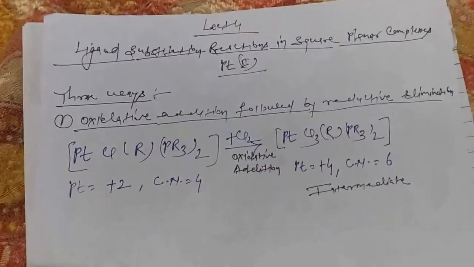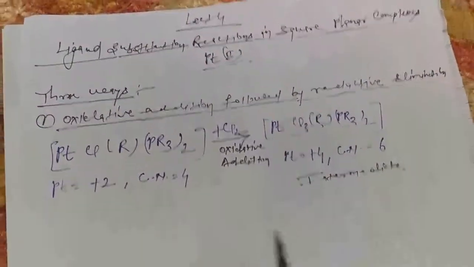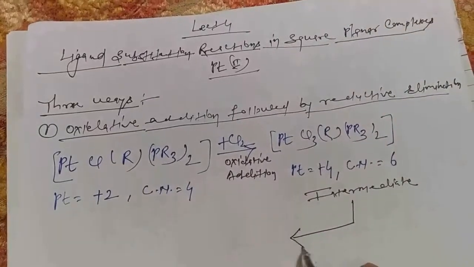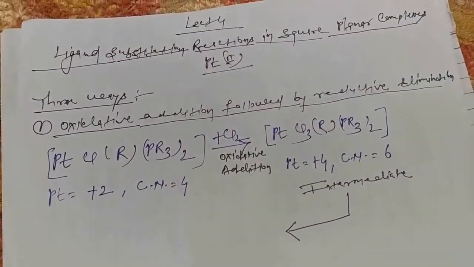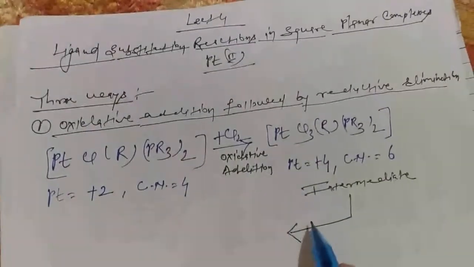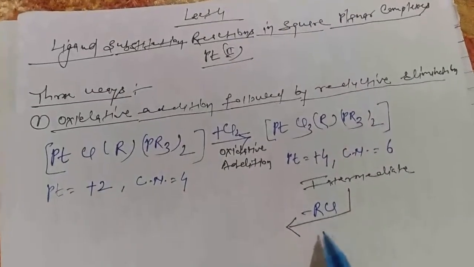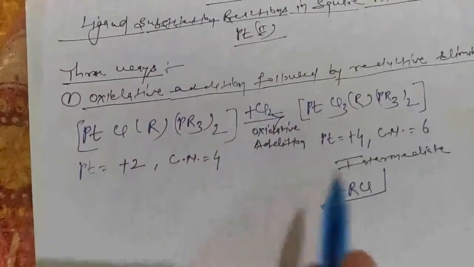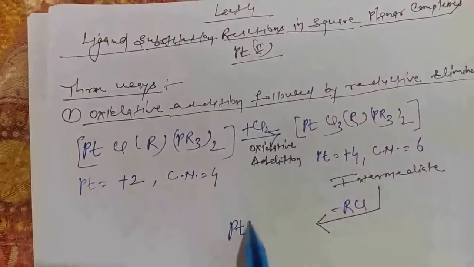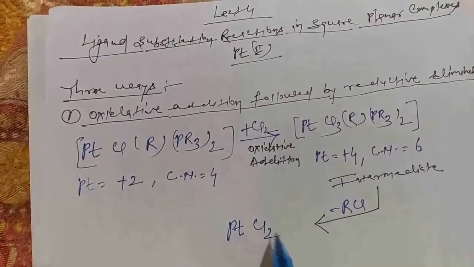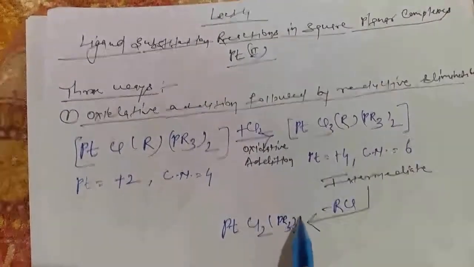Then we'll take the next stage, that is the reduction. So here we'll take minus RCl. So what will happen with this, if minus RCl, it will give you platinum, then Cl2, R is removed, so what will be left? PR3 whole twice.